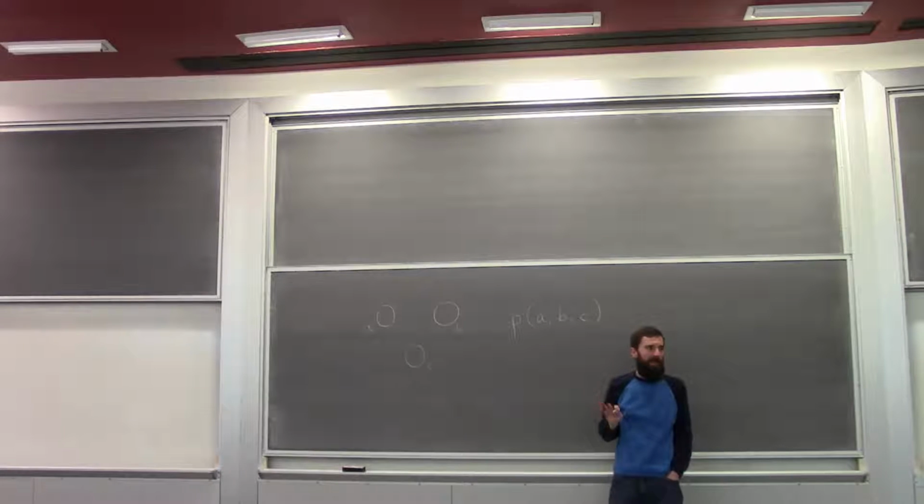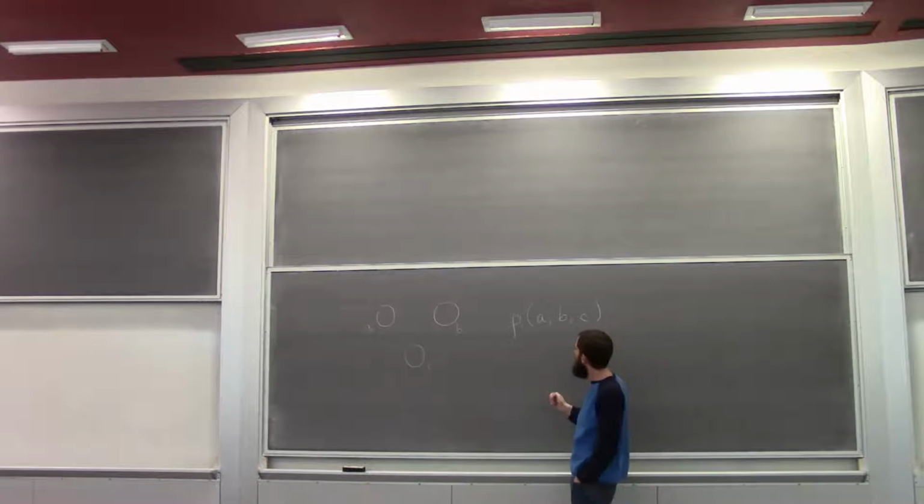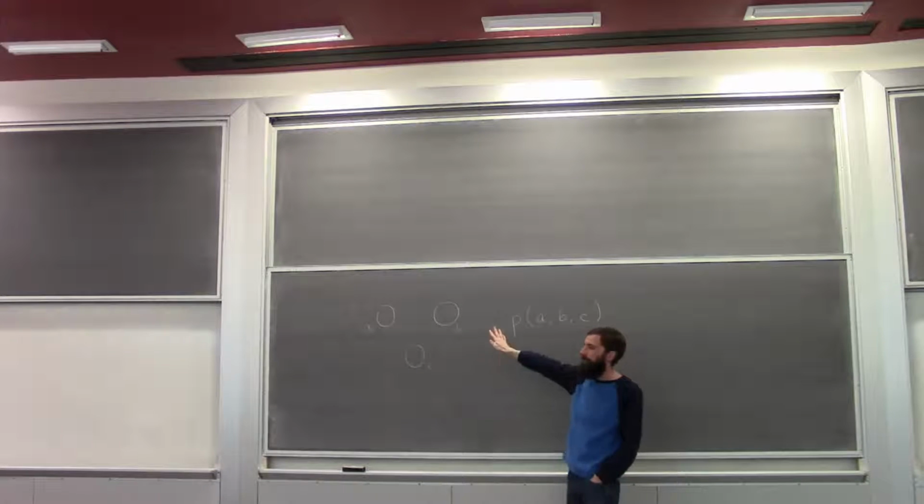I want to point out that A, B, and C could be either discrete or continuous. So this might be a PMF, probability mass function, where it tells me the probabilities of certain discrete values of A, B, and C, or it could be a joint density function if it's continuous, in which case I have to integrate to get actual probabilities. Either of those fits into this graphical model situation.